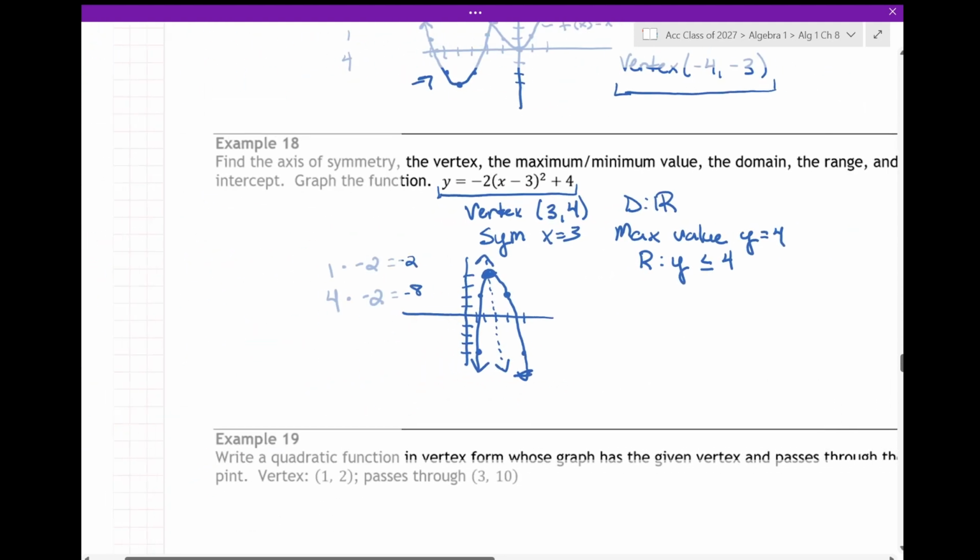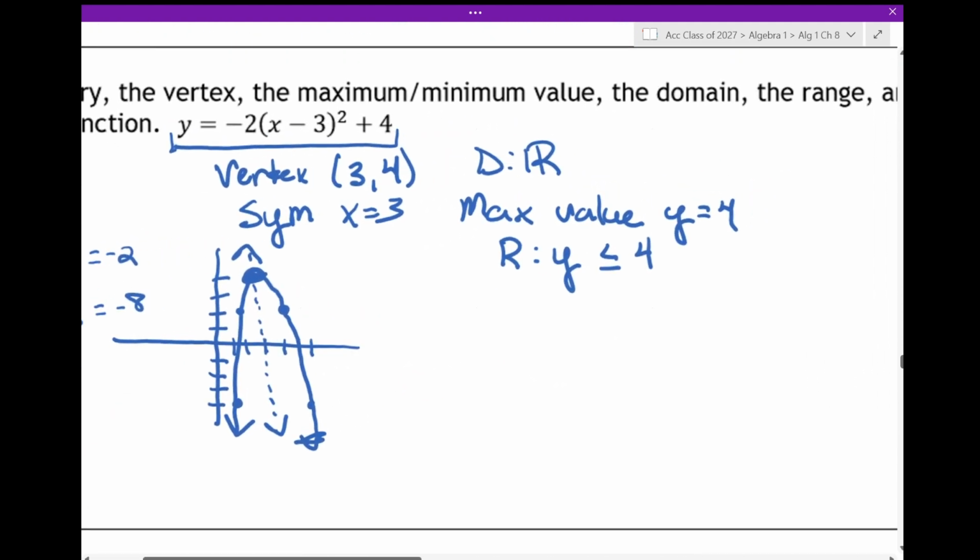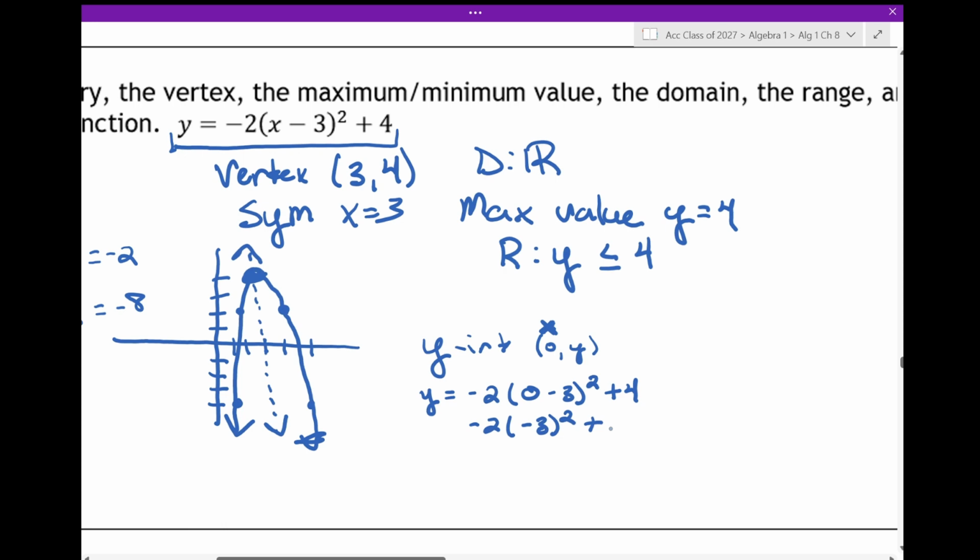And then lastly, we want the y-intercept. So like before, for the y-intercept, we think about that having a (0, y). So our x is 0 there. So y equals -2 times (0 minus 3) squared plus 4. -2 times (-3) squared plus 4.